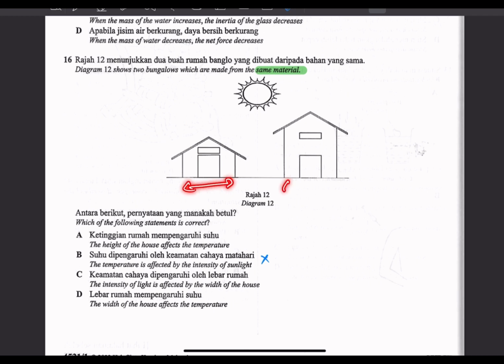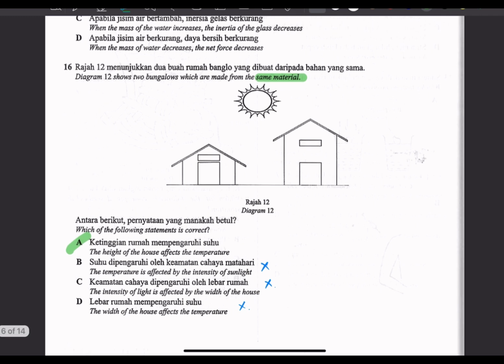The intensity is affected by the width. Width should be the same also. The width of the house affects the temperature? No. So this one, the answer, we take A. The height of the house affects the temperature.